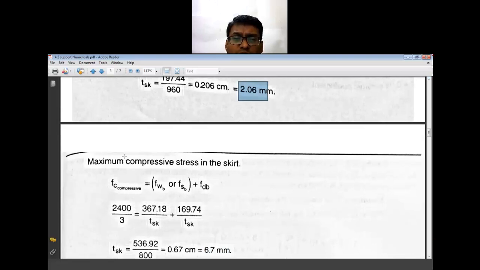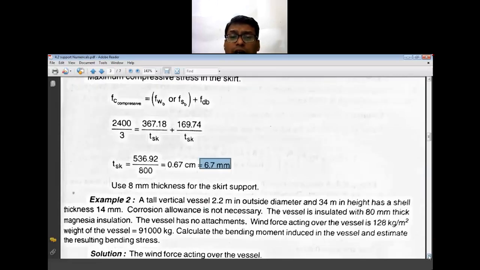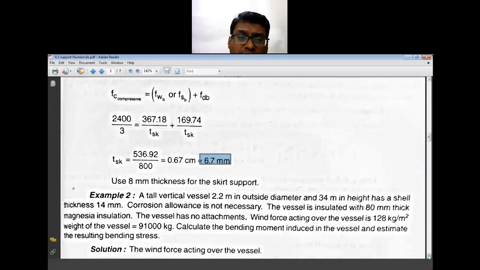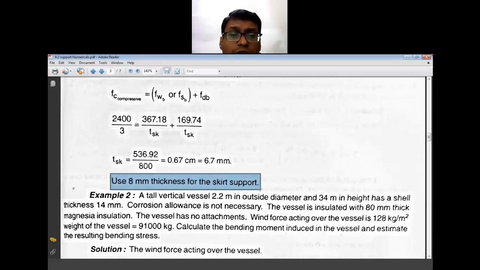In case of compressive stress, the maximum compressive stress in the skirt, FC, will be the summation of the stress because of the wind load or seismic load plus the stress because of the dead weight.